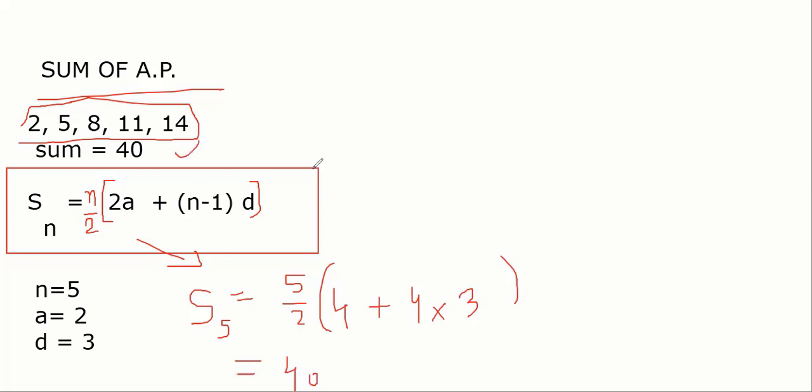So one is Sn equal to, for any AP of n terms, the sum is n by 2 times 2a plus n minus 1 d. Now one more thing I want to tell you, which you should remember and not get confused.